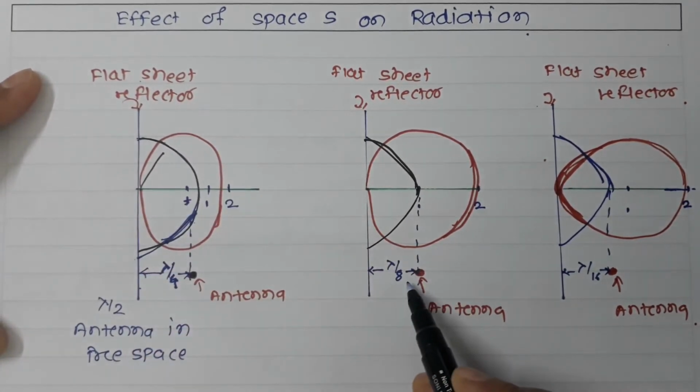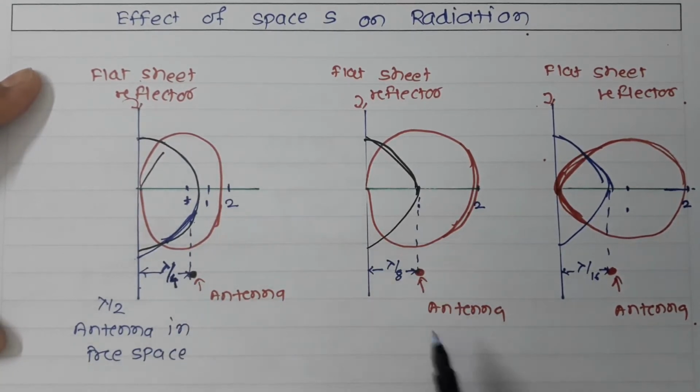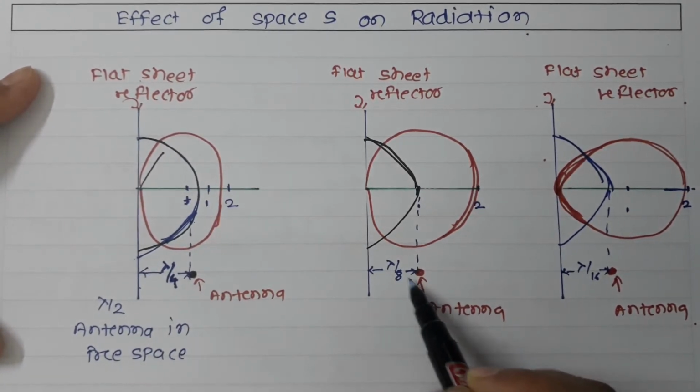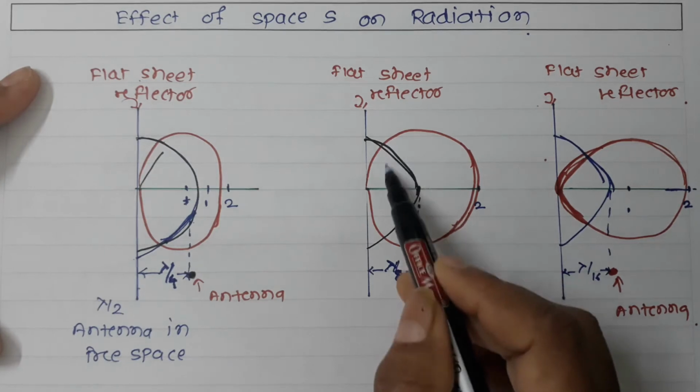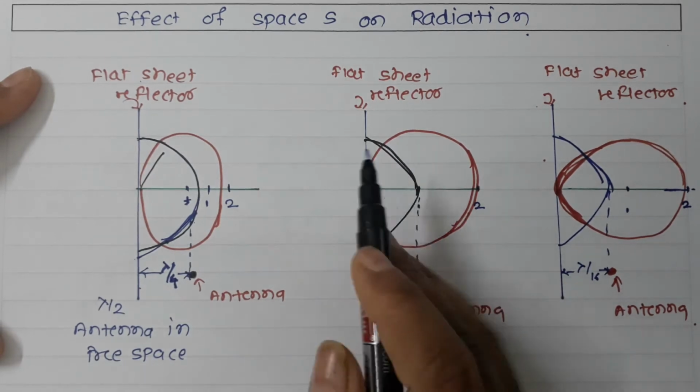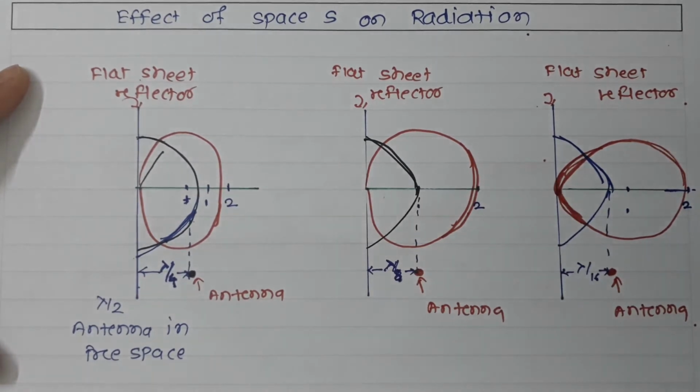Now the next one: this is lambda by 4, and again this is lambda by 8. So I can say again I have reduced that particular distance. Again this distance will be decreased and the reflections will be added in your forward radiation.